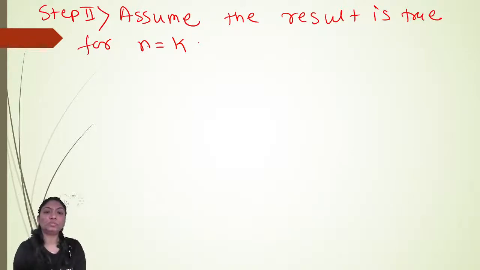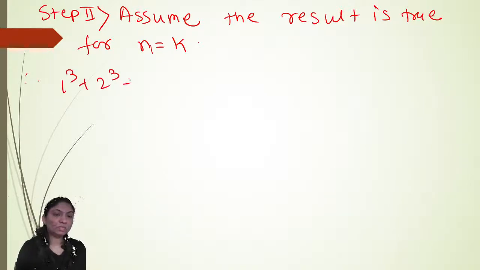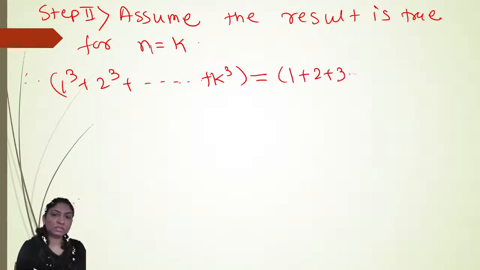Assume the result is true for n is equal to k. Therefore, we get 1 cube plus 2 cube and so on plus k cube is equal to (1 plus 2 plus 3 plus and so on plus k) bracket square.